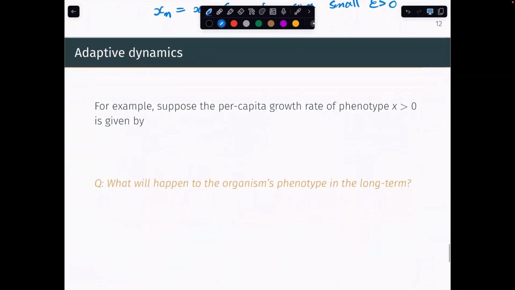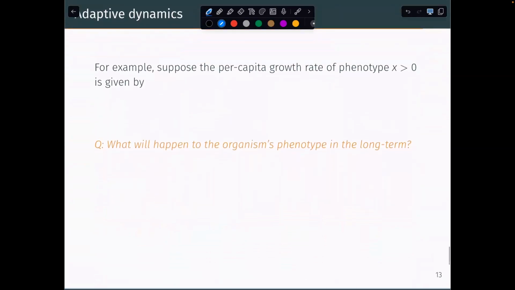Now let's suppose, as an example, that the per capita growth rate of phenotype X is given by some function. I'm not going to say where this function comes from, but suppose the per capita growth rate of this phenotype is X minus X squared. Suppose this is something like body size, body size of an insect, or maybe X is measured in centimeters.